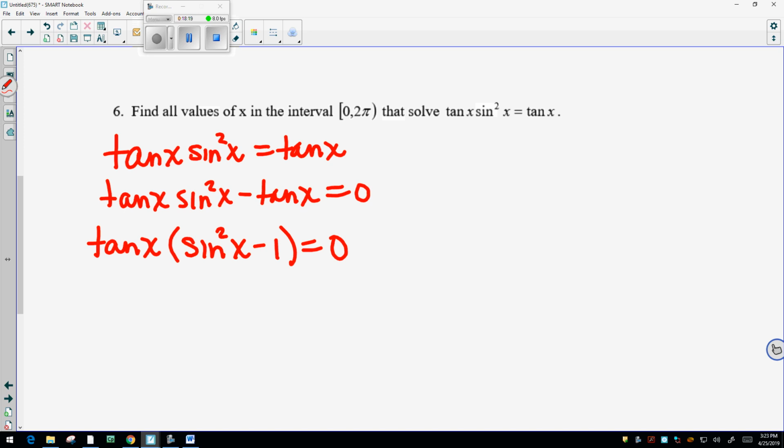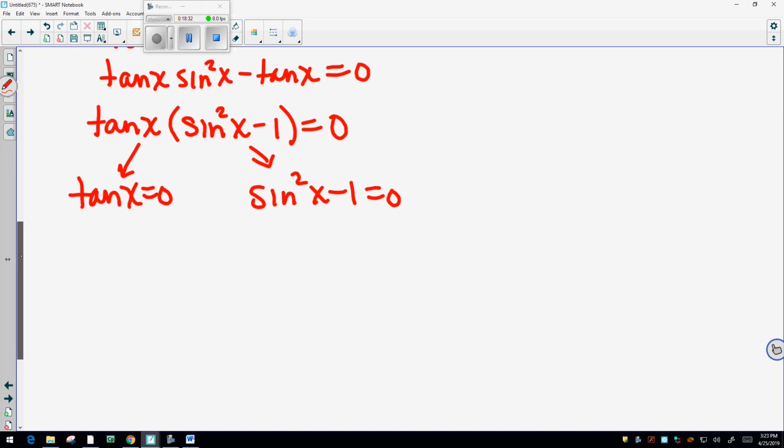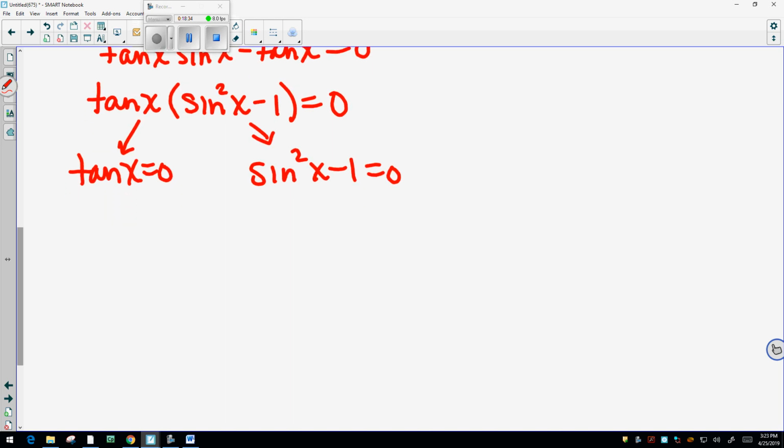So just doing a little factoring. Okay, so now we're going to set each of these equal to 0. So I have tangent of x equals 0, and I have sine squared x minus 1 equals 0. Now I have to solve these. So I have to think, where does tangent of x actually equal 0? Well, tangent, remember, is sine over cosine. So I need sine over cosine to equal 0. Our coordinates are always going cosine comma sine. If I think of this one, here's my coordinate 1, 0.